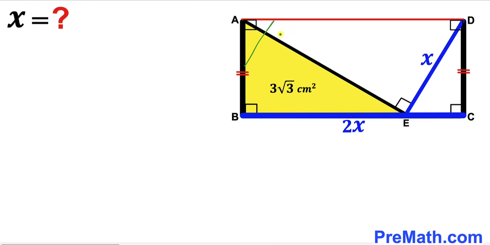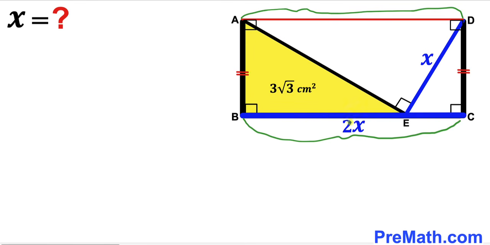In other words, we are dealing with this whole rectangle ABCD. So therefore we conclude that this side AD is going to be equal to this side BC. If this is 2 times x, then this side has got to be 2 times x as well.